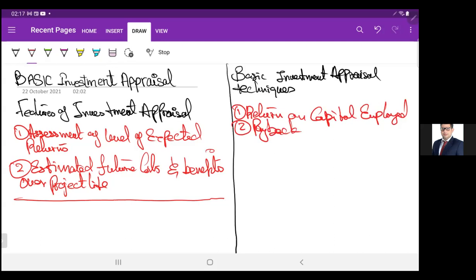Firstly, we will discuss ROCE, return on capital employed, also known as accounting rate of return.